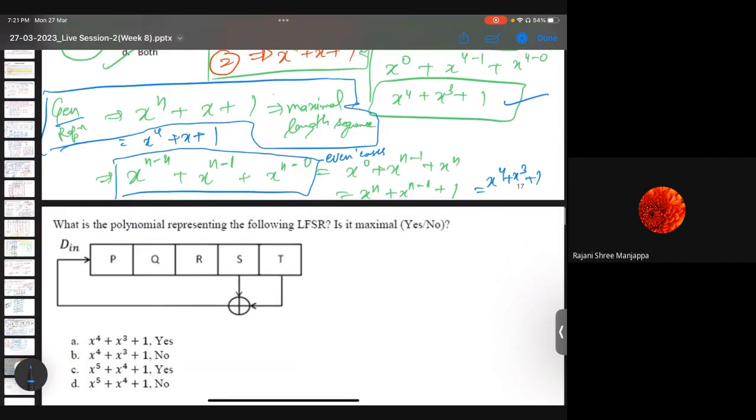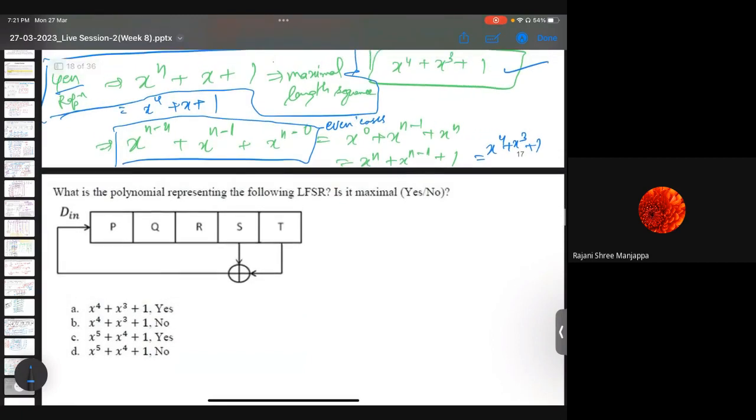So maybe if you want to recheck now, I'll just do it. Still C? I'll get the general representation.